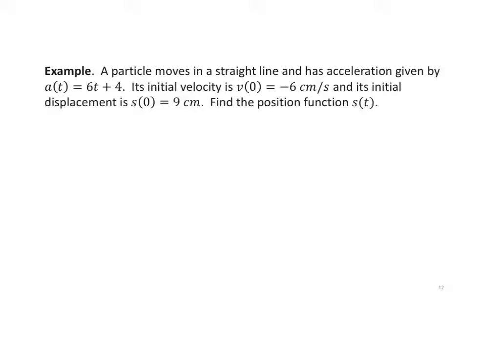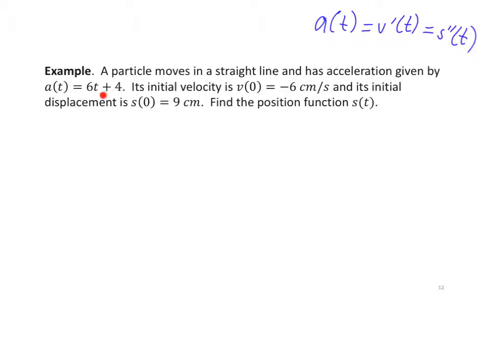So anyway, remembering the following facts will help us. We have a of t is equal to v prime of t, which is equal to s double prime of t. That's how this is similar to the previous example.